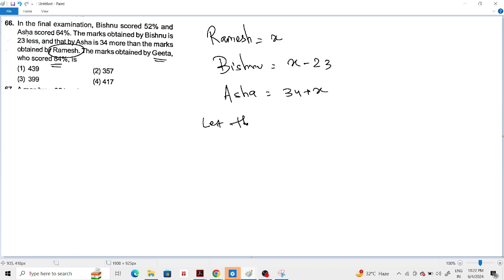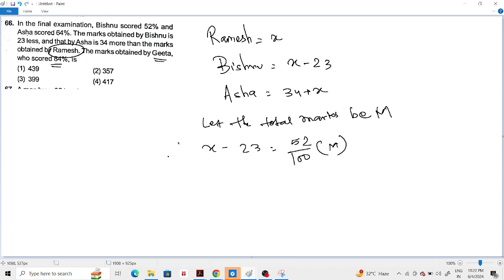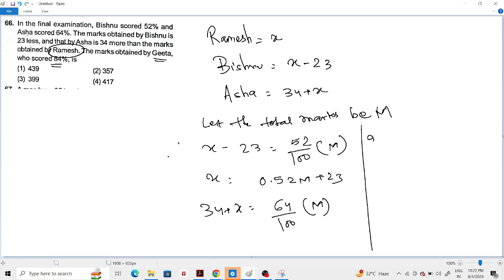So let the total marks be m. Okay, so Vishnu's marks is given as 52% of m, right? So x equals 0.52m plus 23, and Asha's marks is 64% of m, right? So x equals 0.64m minus 34.